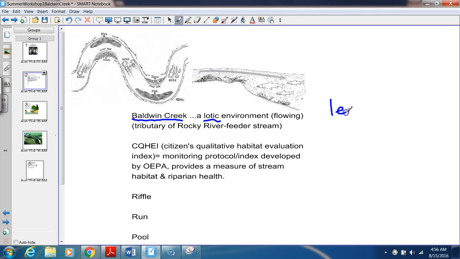So there's lentic environments and there's lotic environments. Again, lotic are flowing, whereas lentic are standing. Baldwin Creek is a lotic environment.